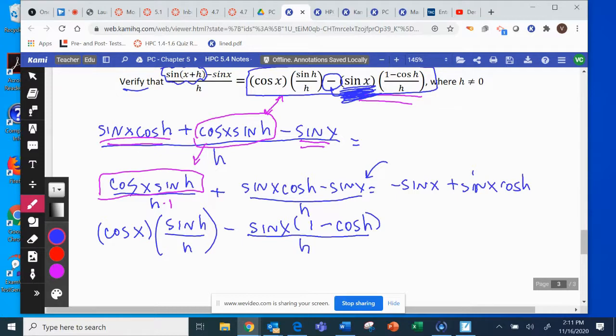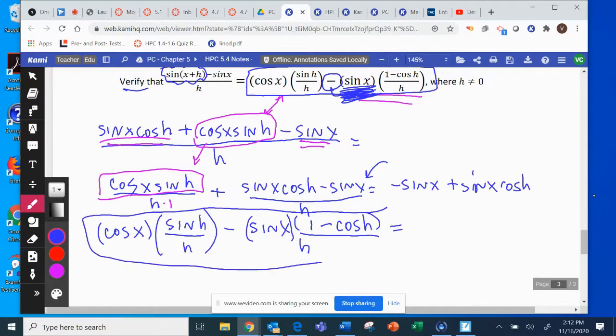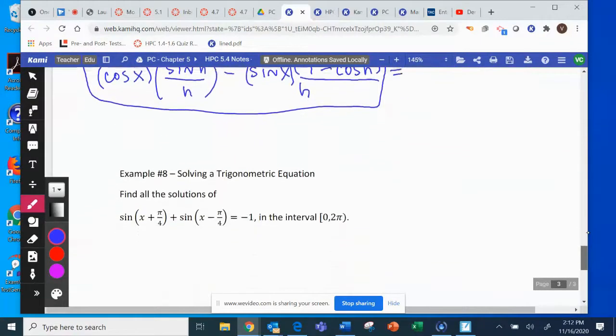So I could have rewritten it there too. So we're just using these new identities to replace stuff and manipulate things.